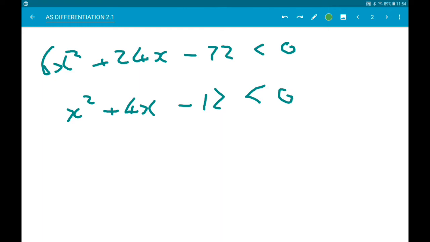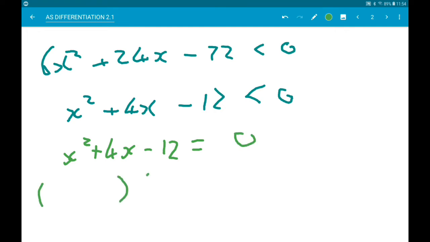So x squared add 4x minus 12 equal to 0 factorizes to, well, we want a plus 4 in the middle, but a minus 12 at the end.